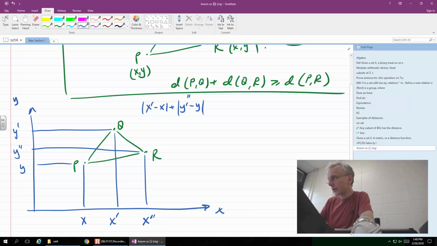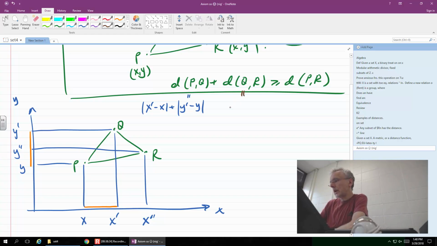Okay, let's find them on my graph. So x prime minus x is this, and y prime minus y is that. These are the two distances in the first term. Now I'm going with the second term.